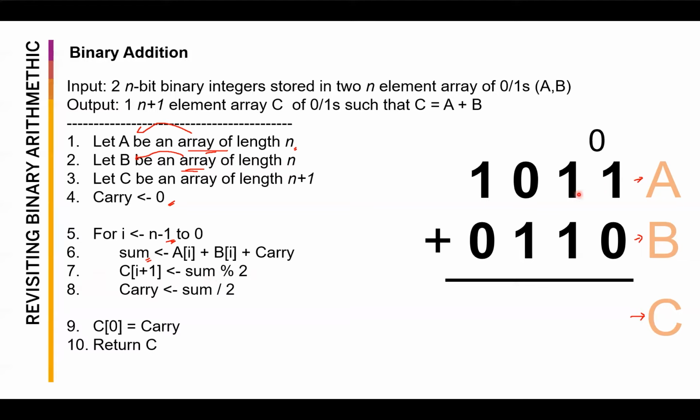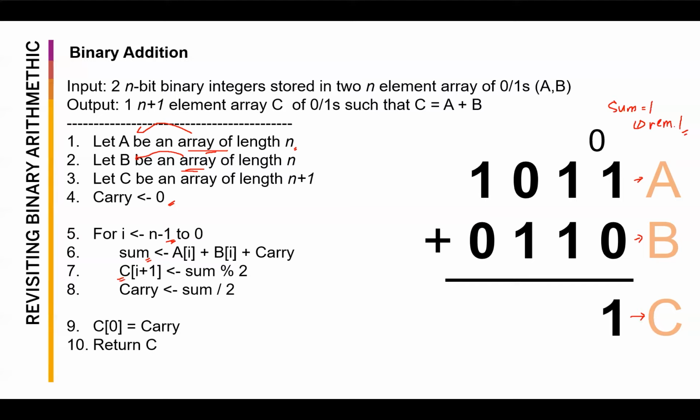So we do integer division, 1 divided by 2. Our first sum here is 1. If we do 1 divided by 2, the answer is 0, remainder 1. What line 7 is saying is that we write down sum modulo 2 at the rightmost bit of array C. The modulo is 1, so we write down 1 here.